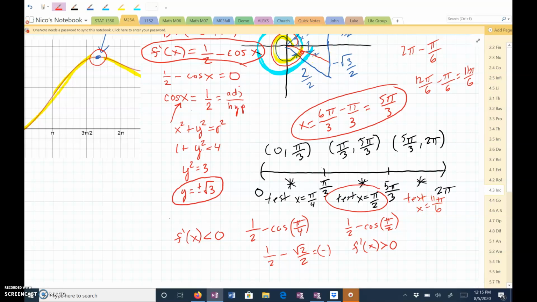So, okay, so now we need to do 1/2 minus cosine of 11 pi over 6. Okay, so 11 pi over 6 is really this triangle here. Okay, where that's like a 30 degree. So this would be 1/2. Okay, that would be 1. That can't be right.